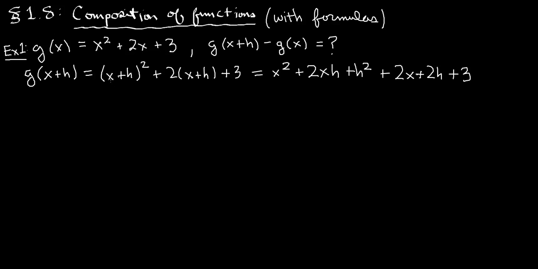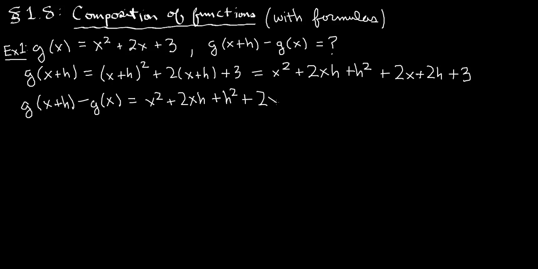Okay, so now remember we're going to want to take this and subtract g of x from it. So g of x plus h minus g of x is going to be equal to the thing we just wrote, x squared plus 2xh plus h squared plus 2x plus 2h plus 3.